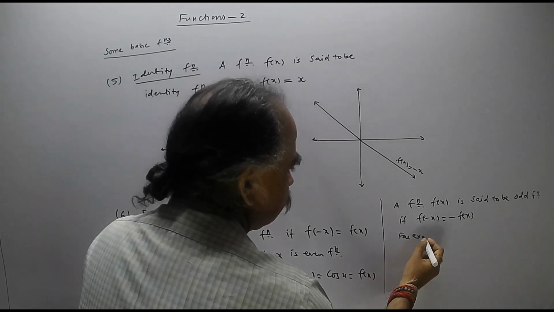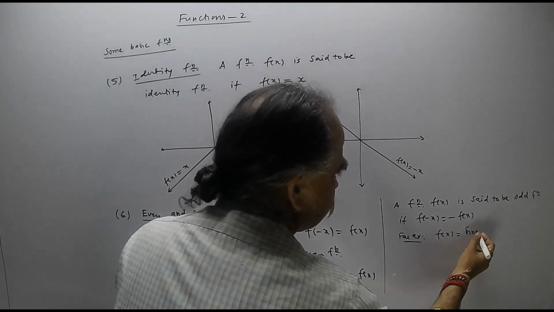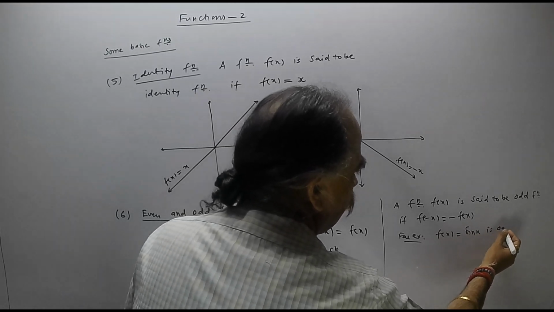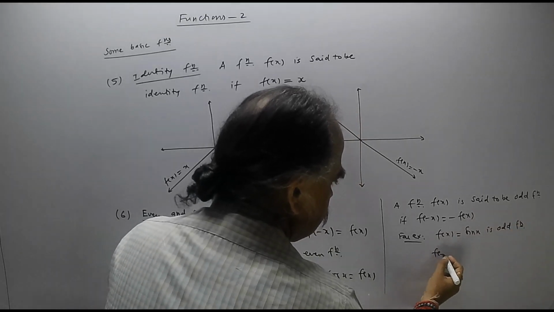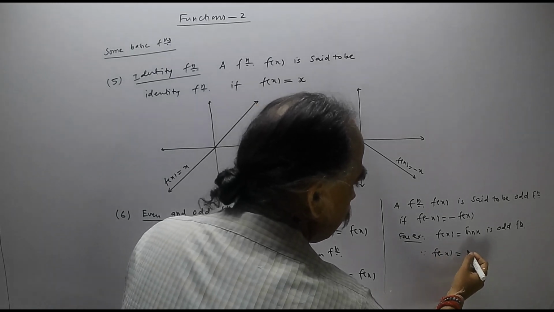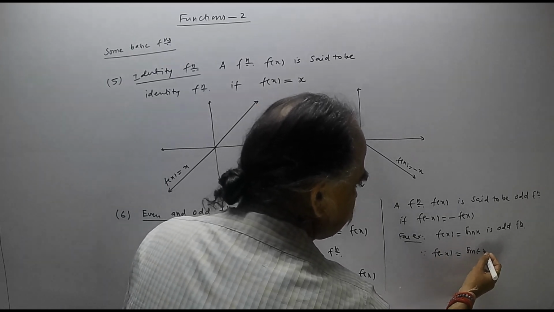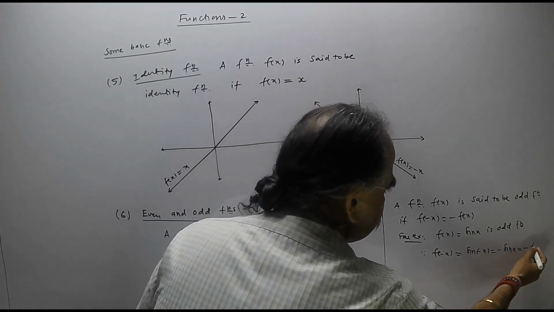For example, f(x) is sin x is an odd function. f of minus x is equal to sine of minus x, which is minus sin x, which is minus f(x).